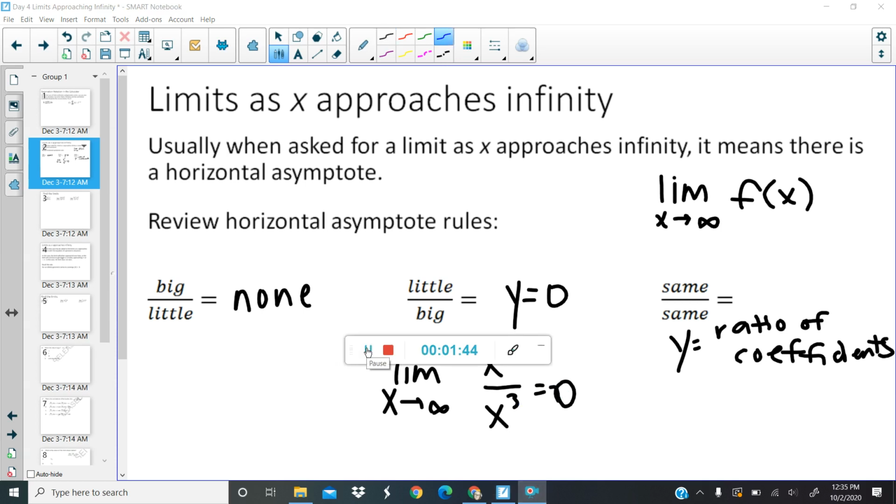The reason we're reviewing those horizontal asymptote rules is because usually, when you're asked for a limit as x approaches infinity, not always, but usually, it means that there is a horizontal asymptote.